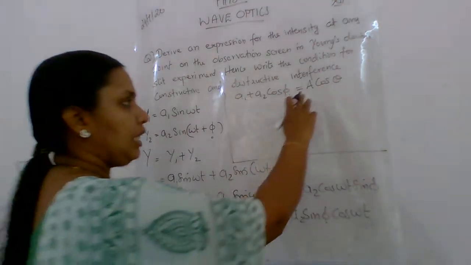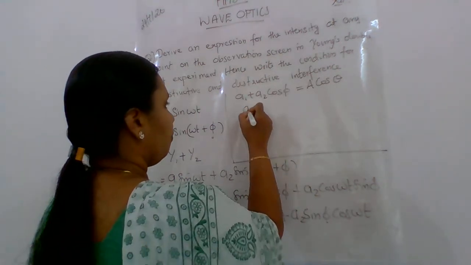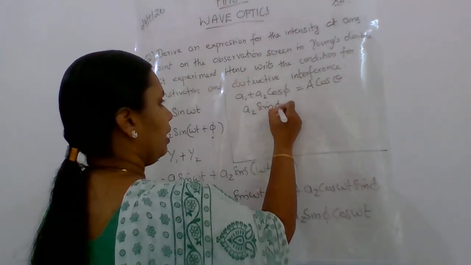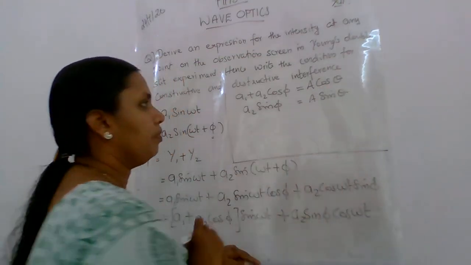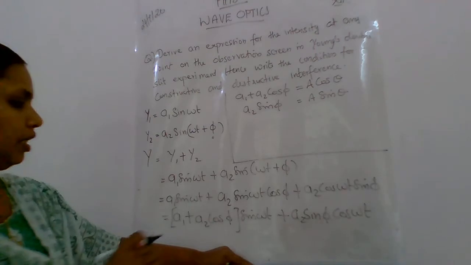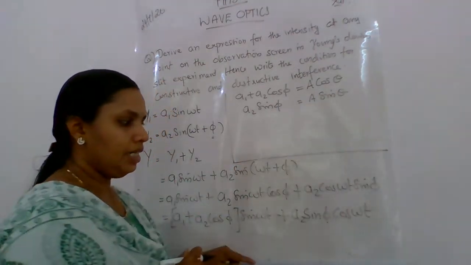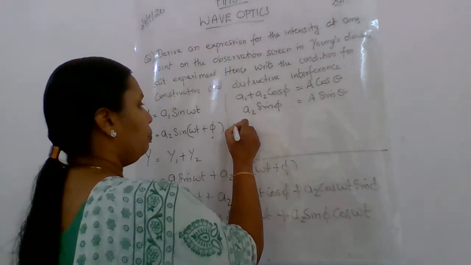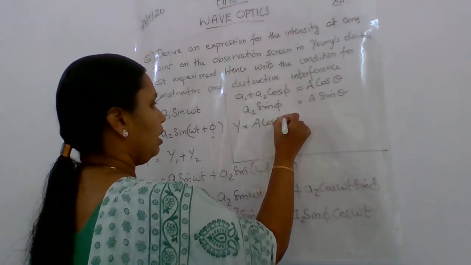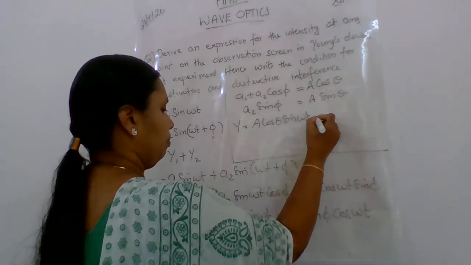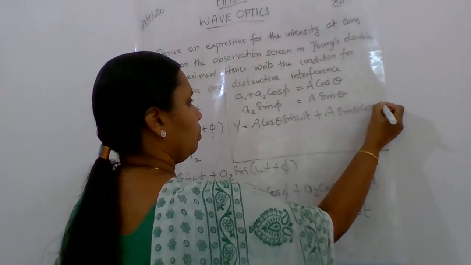What this A and this theta are, we will explain later. And instead of a2 sine phi, I am writing A sine theta. Just replacing these by capital A cos theta and capital A sine theta, what will be the new wave? y is equal to A cos theta sine omega t plus A sine theta cos omega t.